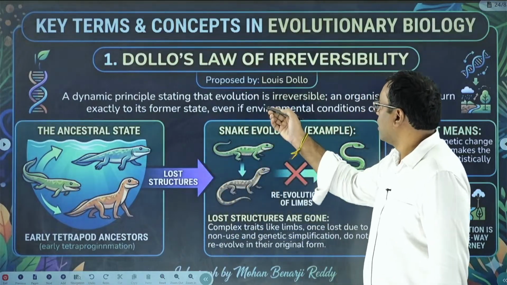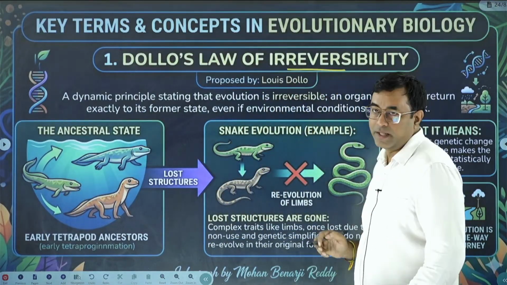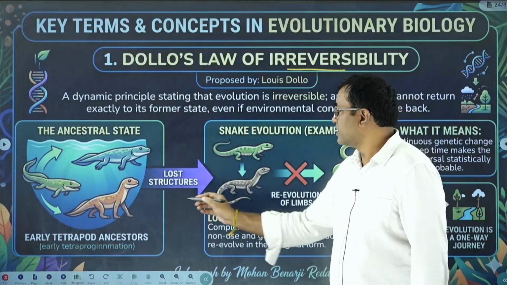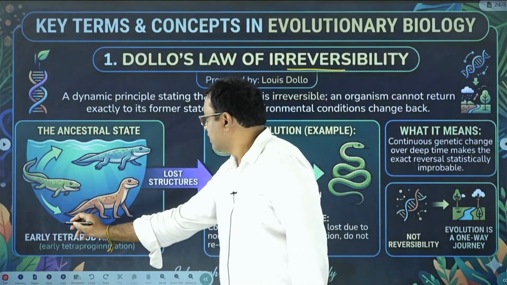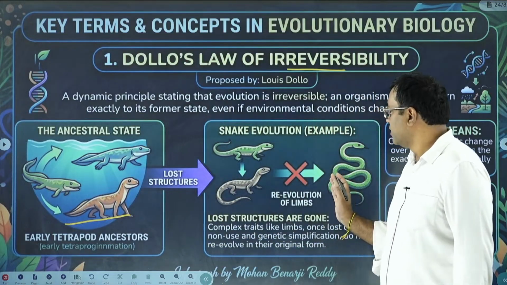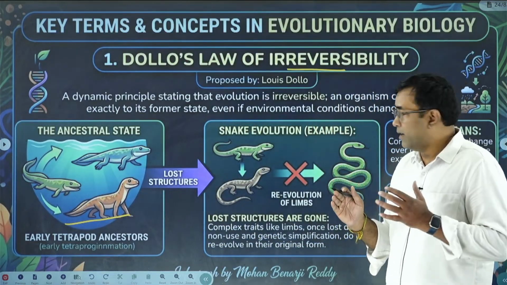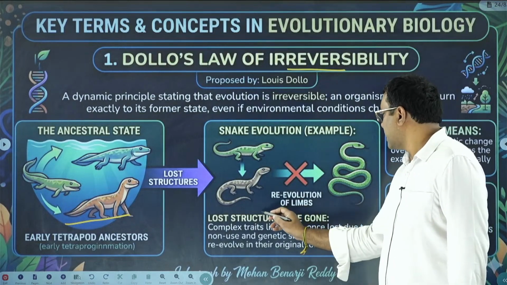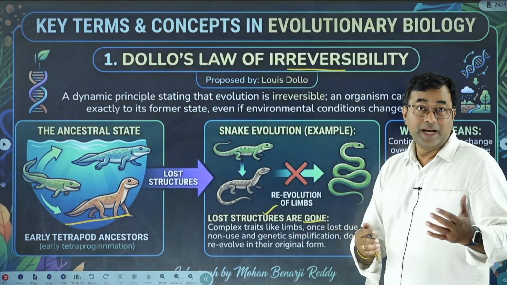Similarly, Dollo's law of irreversibility. These are some of the tetrapods, ancestors of the snakes. In any particular species, lost structures are gone; you cannot retrieve them.